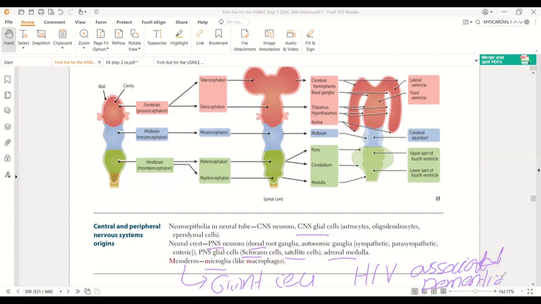Again, these things are high yield, and the difference between the Schwann cells and oligodendrocytes and their high yield pathologies, GBS, multiple sclerosis, super high yield. Their differences are high yield, right? So these are the super high yield stuff.